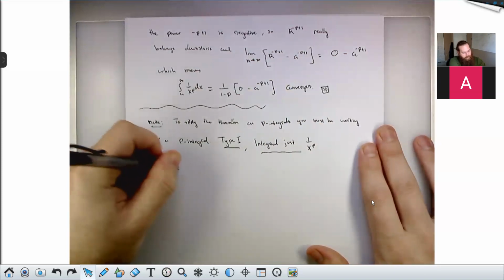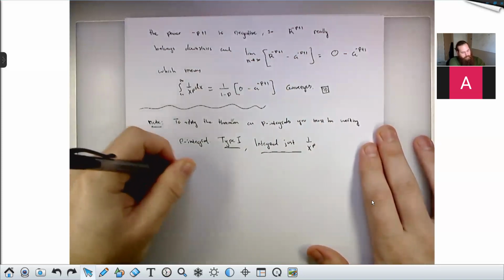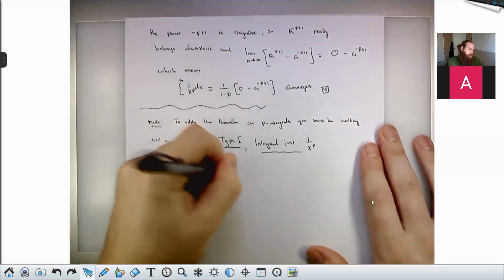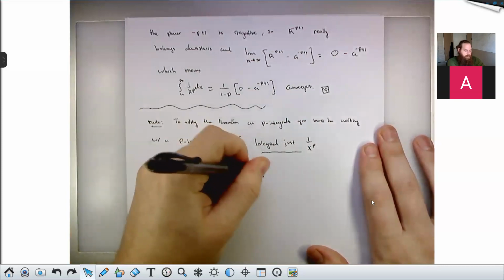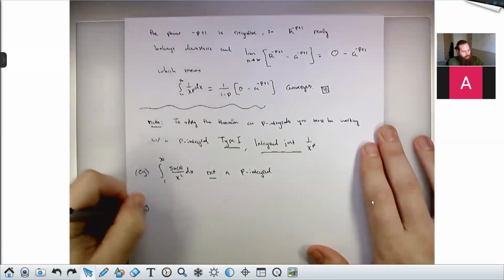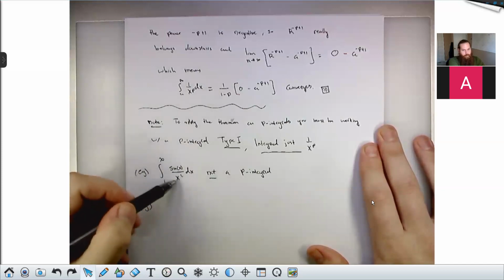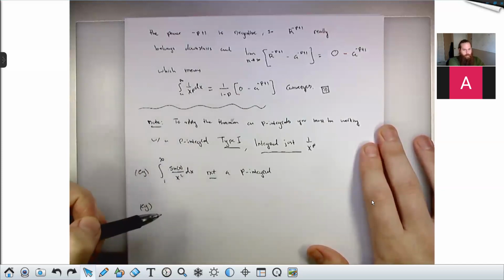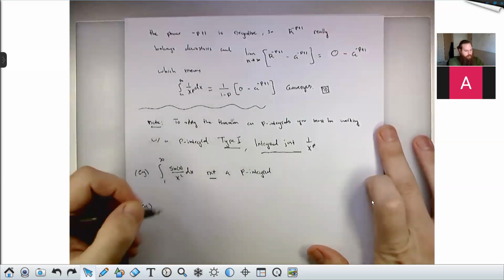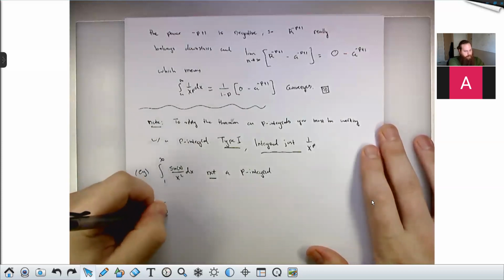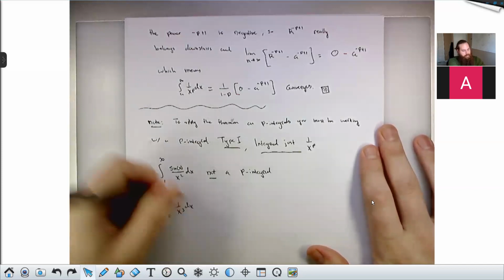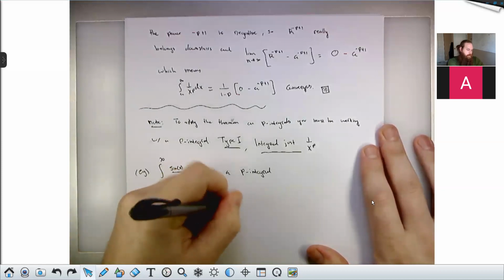Sine x over x squared dx from 1 to infinity is not a p integral. Even though the thing has a 1 over x squared in it, the sine x upstairs ruins the p integral. It's not a p integral if there's anything other than 1 over x to the p inside. The integral from 2 to infinity of 1 over x cubed dx, this is a p integral.